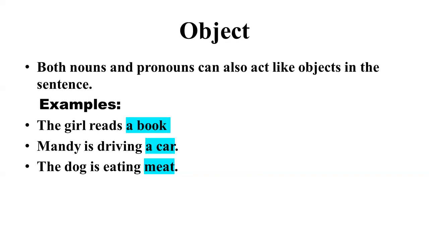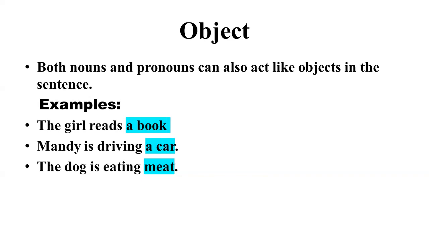In this sentence, the girl is doing something. What is she doing? She is reading. Who is reading? The girl. So the answer to who is subject, but she is reading what? The answer to this word would be our object. So what is she reading? A book. Definitely a book. So this is an object.